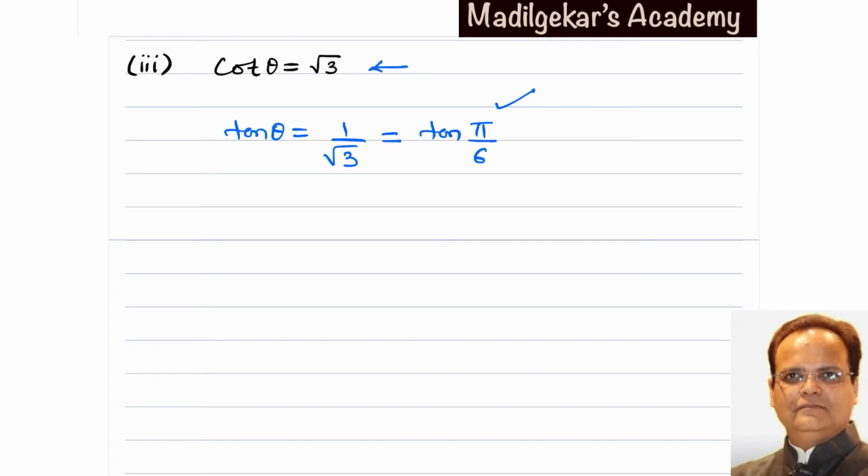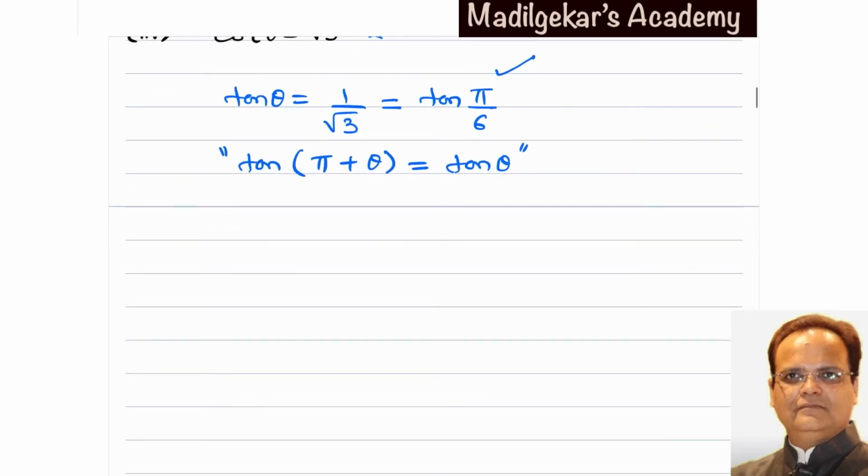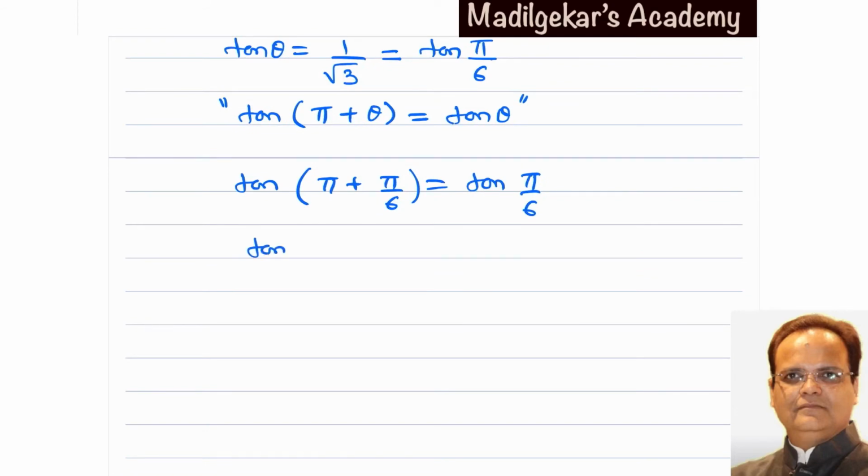Now apply the allied angle formula. We know that tan of pi plus theta is tan theta. So tan of pi plus pi by 6, that is 7 pi by 6, equals tan pi by 6, which equals 1 by root 3.